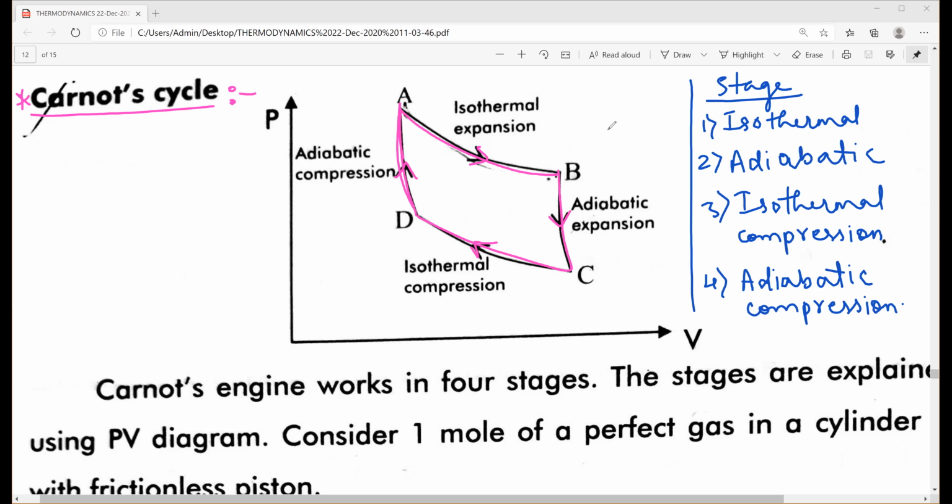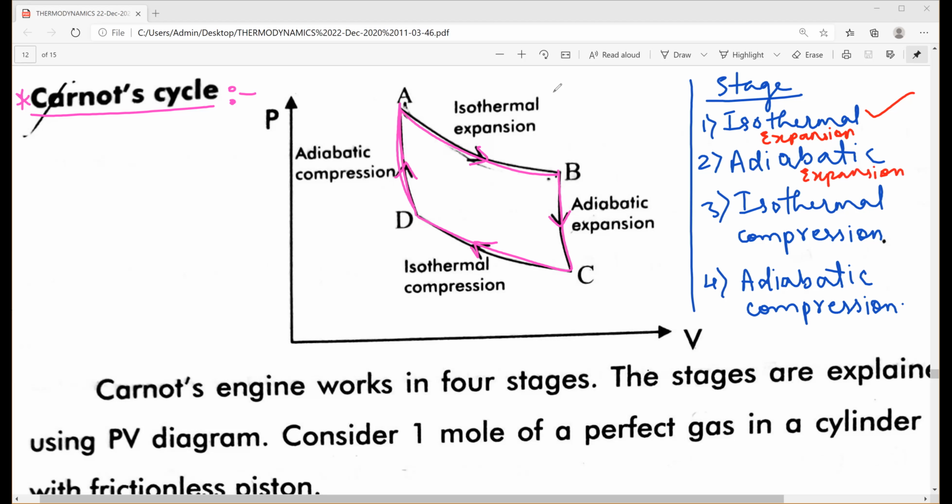The first stage is isothermal expansion. The second is adiabatic expansion.